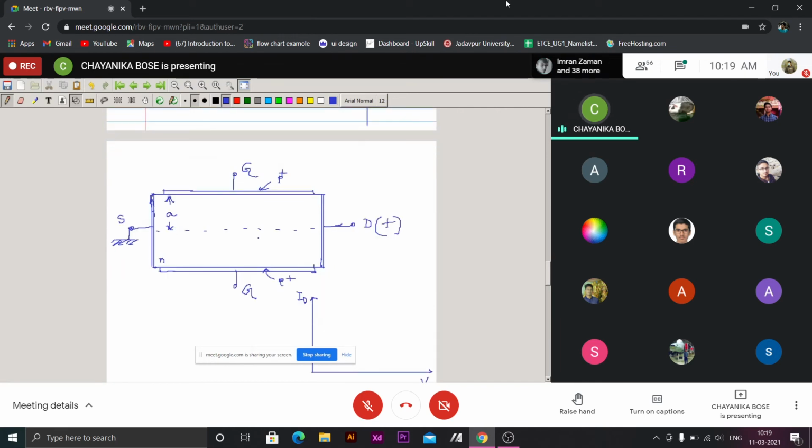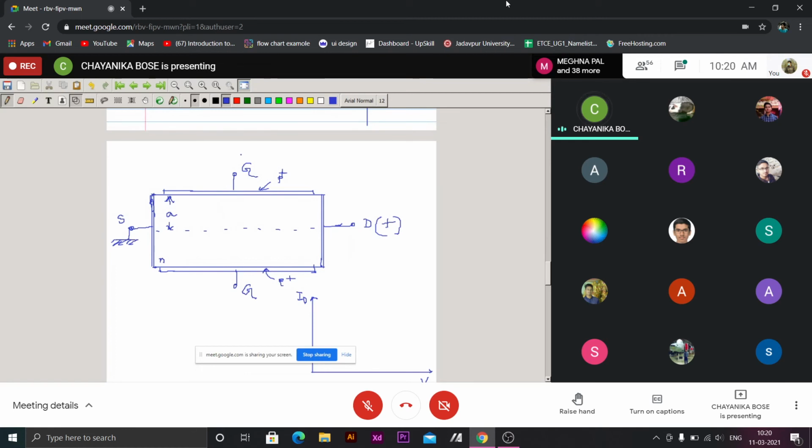The structure is symmetric, and during working these two gates are shorted and connected to the source. When connected to the source, we are not applying any gate bias.